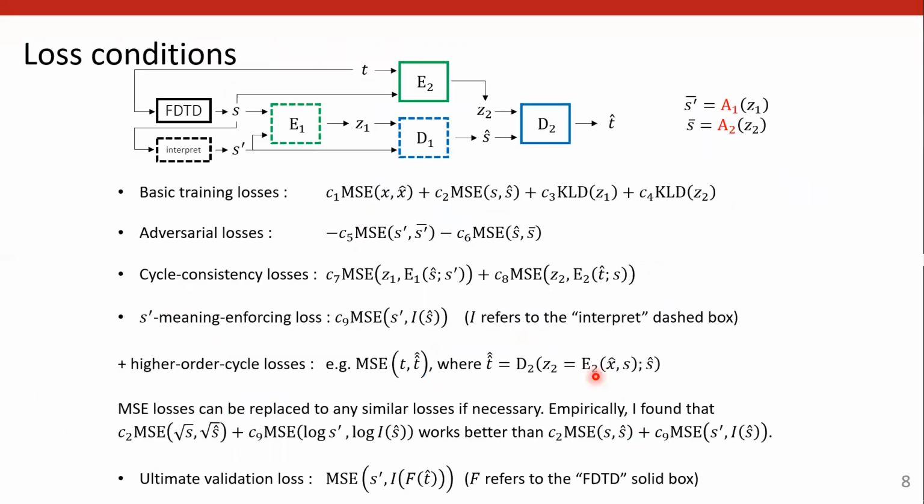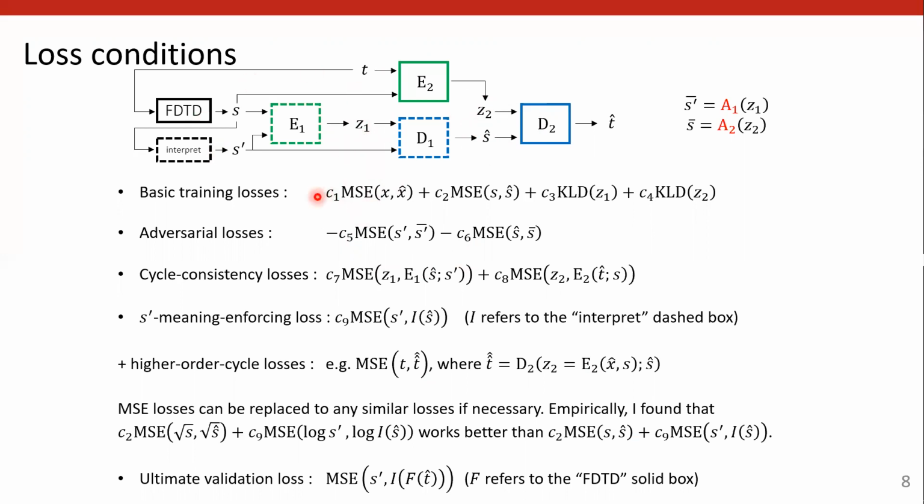What this does is ensure that the latent variables don't contain information that overlaps with the information that the actual system variable entails. So we penalize whenever the latent variable starts to carry actual physical information.